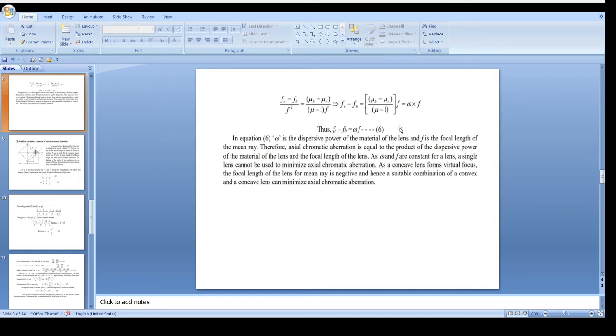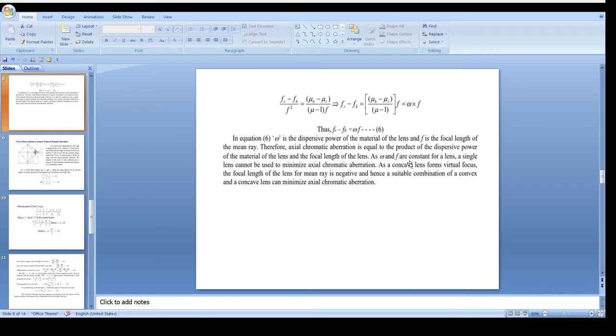Omega we call the dispersive power of the material of the lens, and f is the focal length. Therefore, the axial chromatic aberration is equal to the product of the dispersive power of the material of the lens and the focal length of the lens.